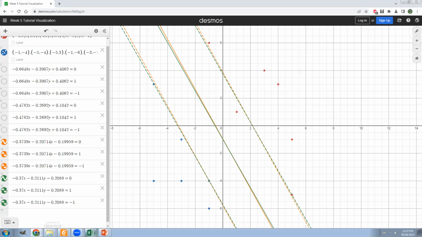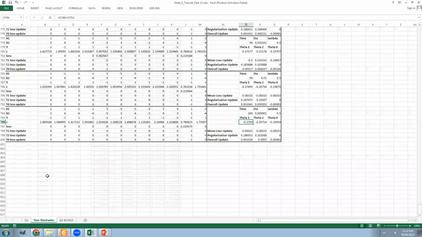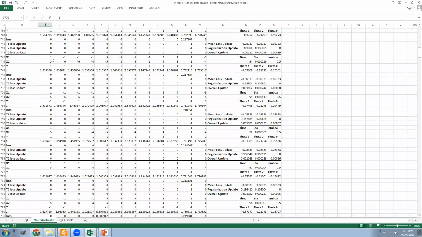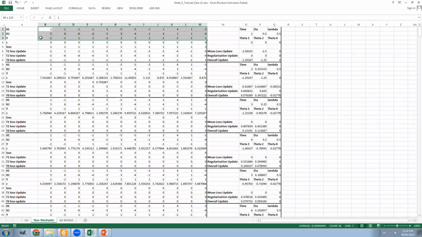If we had a huge amount of points, you can imagine how we might have set up this sheet, right? You can see every time I go through this sheet, at every step, my x1, x2, and y are the same. But you can imagine if I just had some random number generation at each step, I could randomly select 12 points from a larger list and have a different set of 12 points at each step, right?